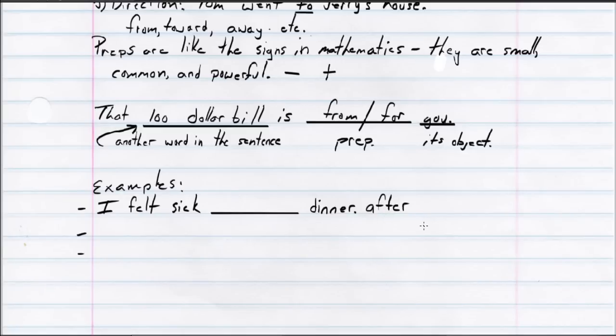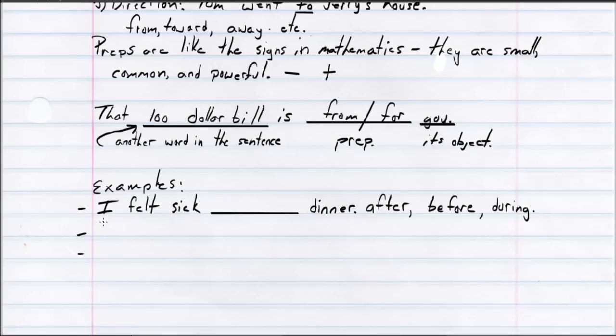So go ahead and give two more, just off the top of your head. I've gone ahead and added two more of my own. Perhaps they might be the same as yours. If not, you can add these down there as well. So I felt sick before, during, or after dinner. Before, during, and after being prepositions showing the relationship of feeling sick and dinner.